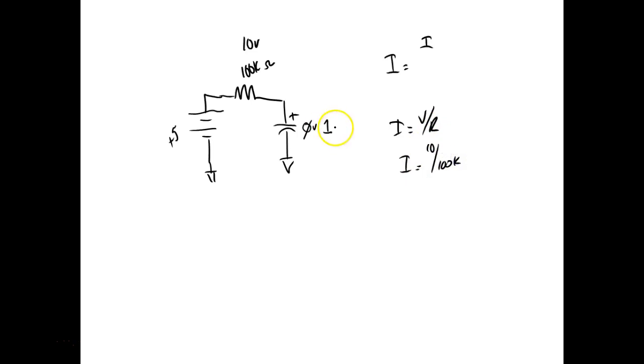Now, when this charges up to 1 volt, Kirchhoff's voltage law says the sum of the voltage drops is equal to the applied voltage, 5 volts, right? So this guy goes to 4 volts. So now my current flow would be I equals 4 volts over 100K. So what happened to the current flow?